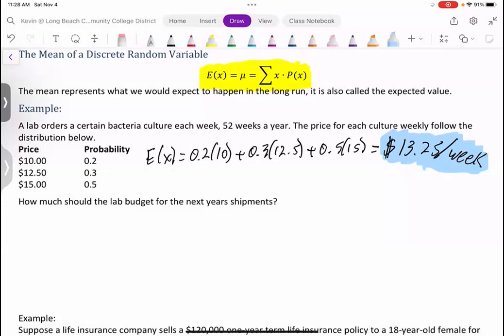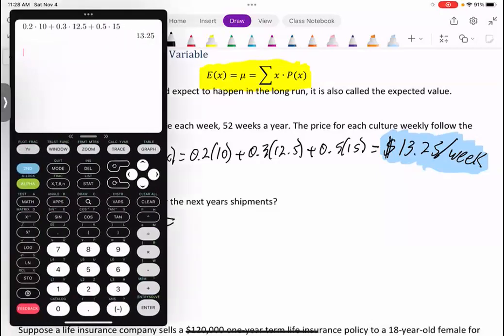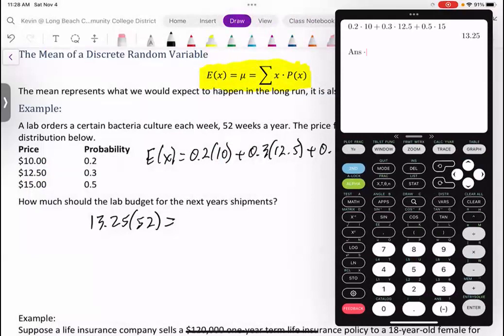Well, then that means I'm going to have to multiply the $13.25 times 52, the number of weeks in a given year. So how much should we budget for this? $689.